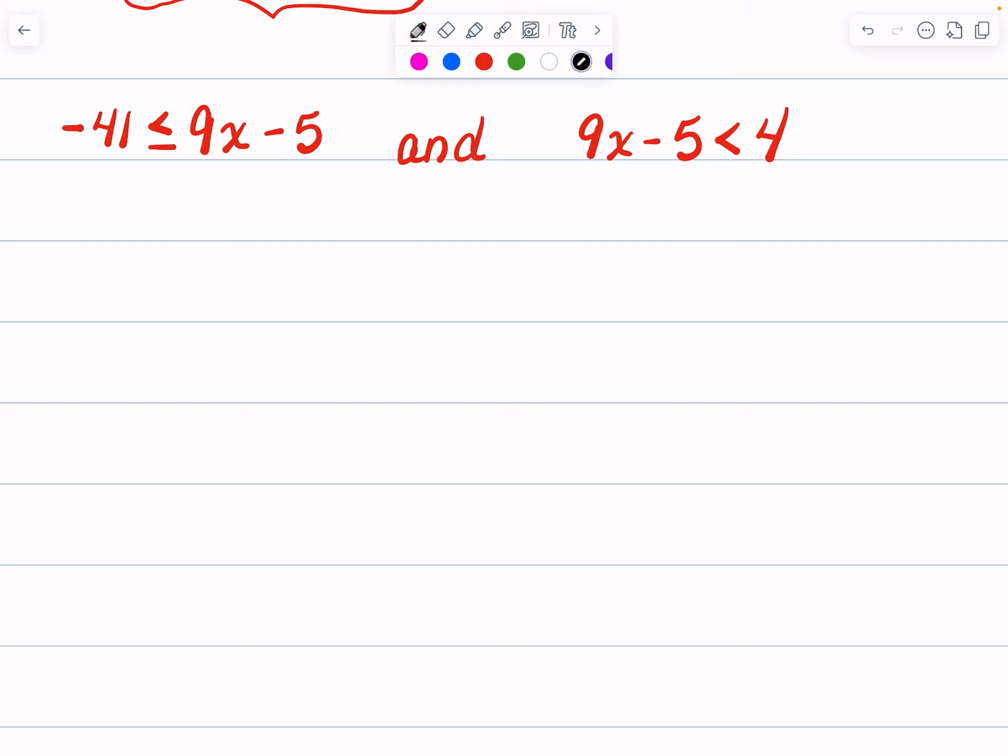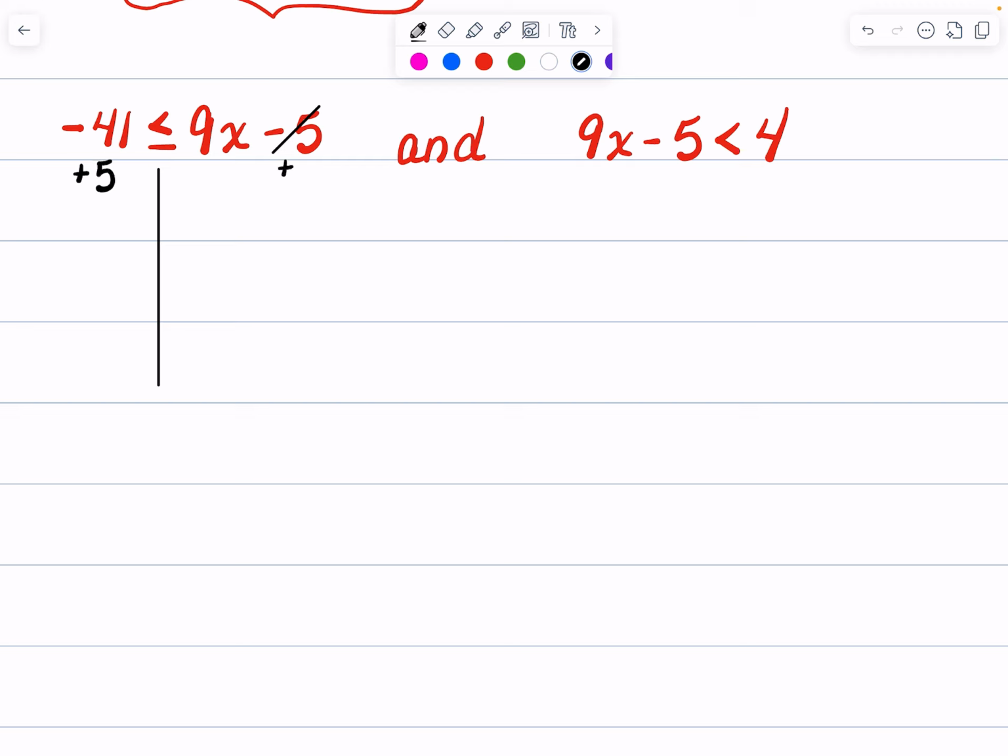Okay. Now, if it helps you, you are welcome to draw that line here that says whatever I do to one side, I do to the other. All that we talked about in class, that choice is yours, whether you want to write that. Now, I'm going to go ahead and add 5 to this side, which makes it go away, and also add 5 to this side. Okay.